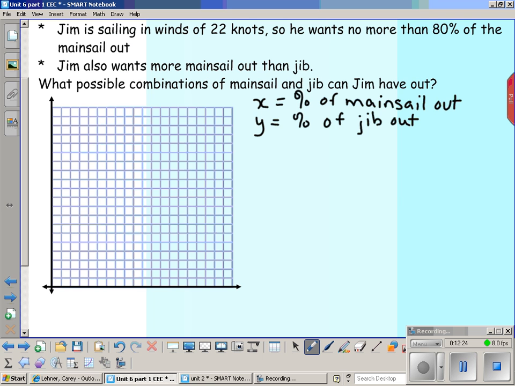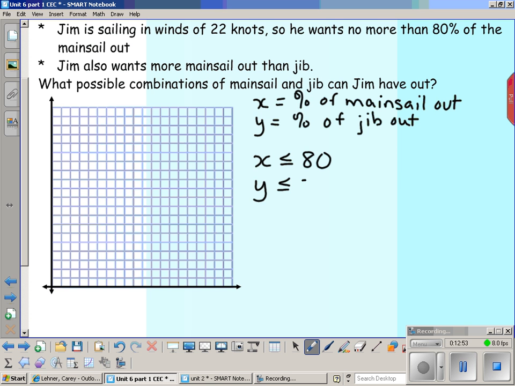So now we have to look at the relationship. We want no more than 80% of the mainsail out. So that means the mainsail has to be less than or equal to 80. And it doesn't matter what it is. It can be equal, so it's got to be 80% or less. The other thing he wants is more mainsail than jib.